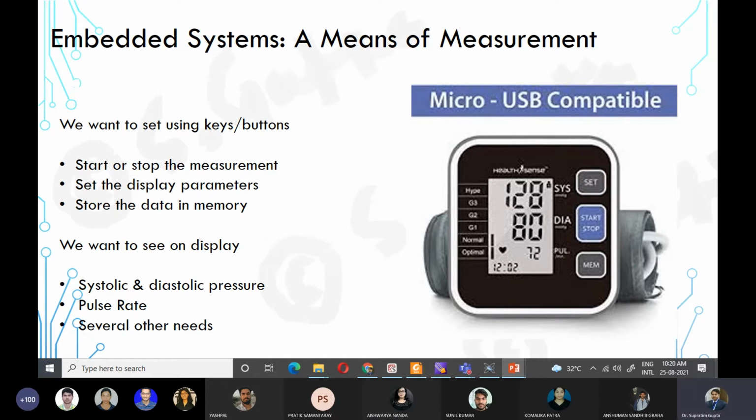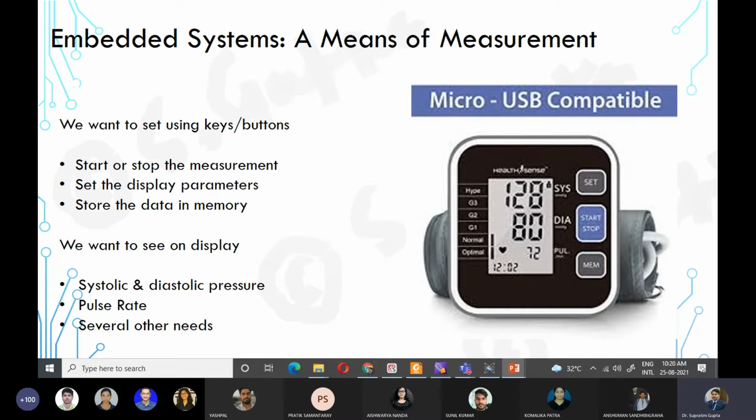Okay. So because we can work with signals, and that can be any type of signals, we can utilize different sensors to convert those signals into the electrical domain. Then if that is an analog one, we can convert it into the digital domain using this ADC, analog to digital converter.